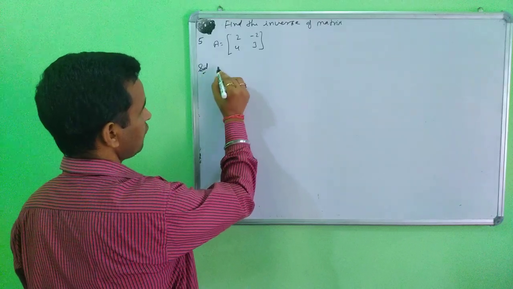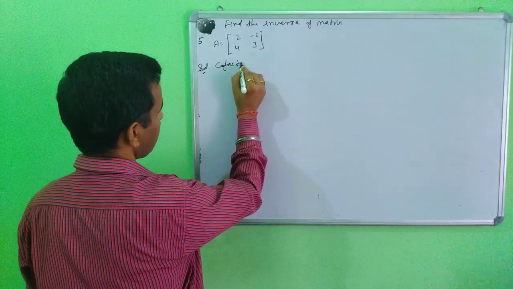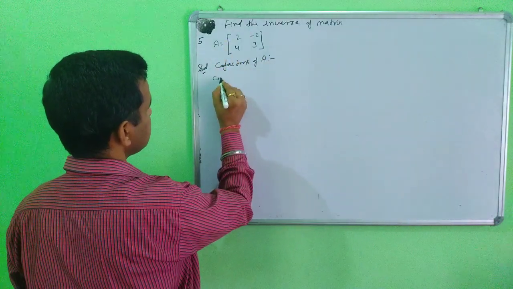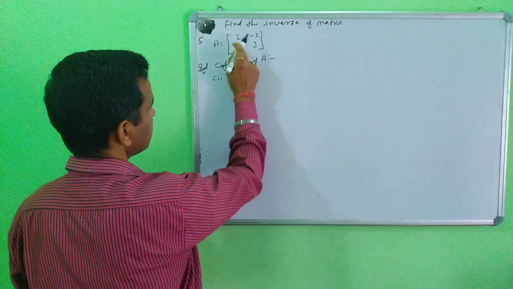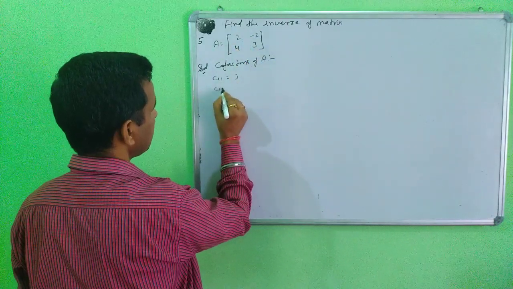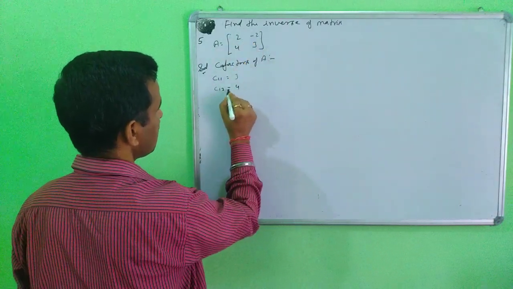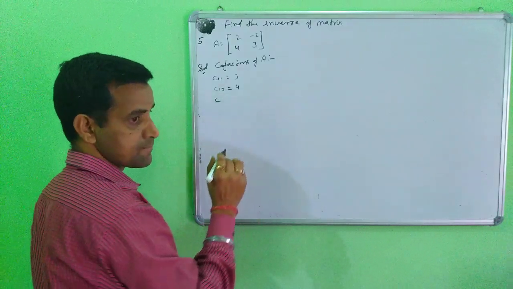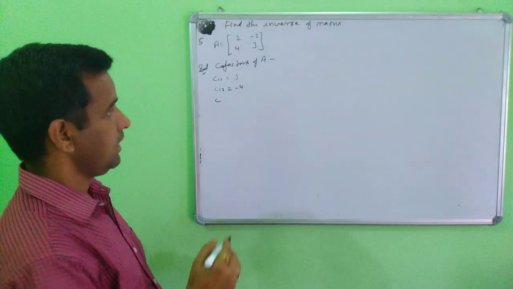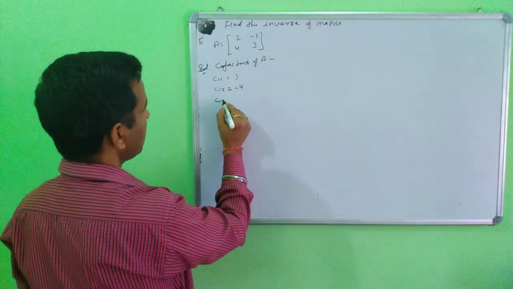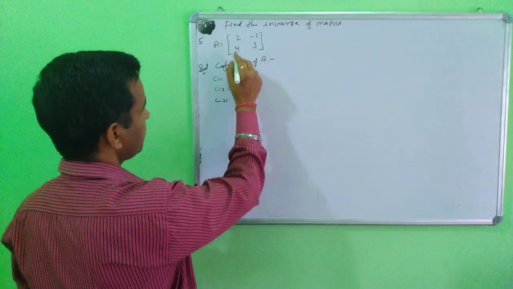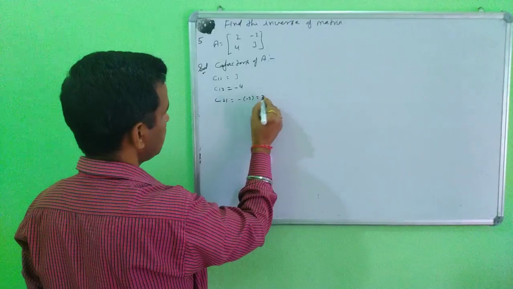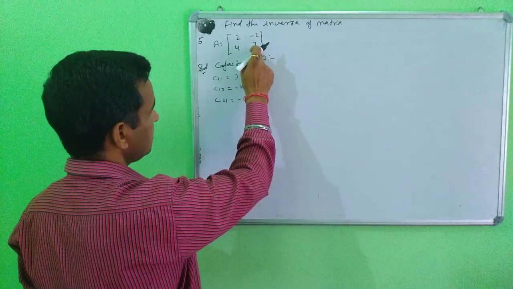So first let's find the cofactors of A. C11, what will you see, this 3. C12 means this is 4. Next finding the 2 1, this is the 2 1, and this will be minus here, plus this will be 2 and this will become here 3.